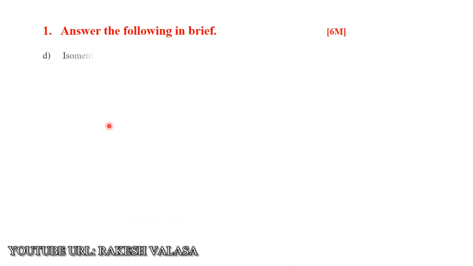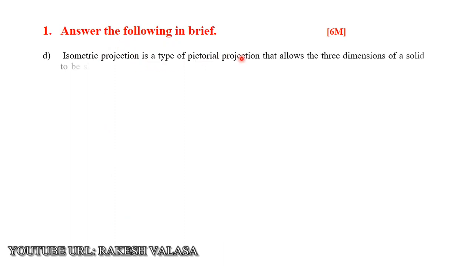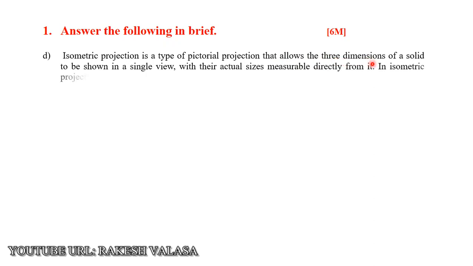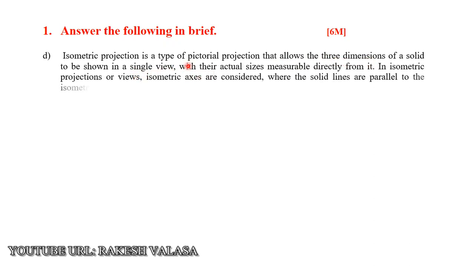Question number D. Isometric projection is a type of pictorial projection that allows the three dimensions of a solid to be shown in a single view, with their actual sizes measurable directly from it.